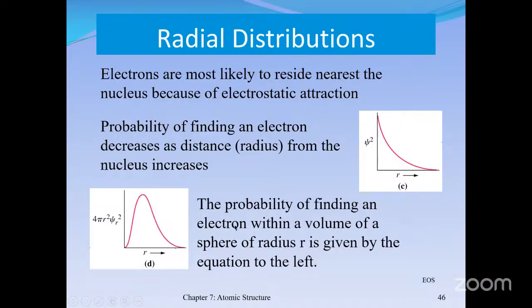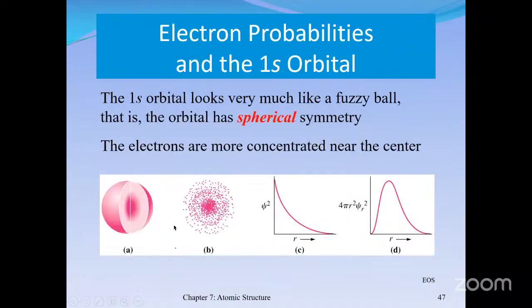But what is normally done is that we try to find the probability of finding the electron within a volume of a sphere of radius r, and that is given right here, right? So this here basically paints a picture of what the orbital looks like. And in the case of the 1s orbital, it's going to look like a sphere, right? And again, thankfully for you guys, you don't have to do these calculations. I remember when I was in grad school, we had to do these, and I'm still recovering from that.